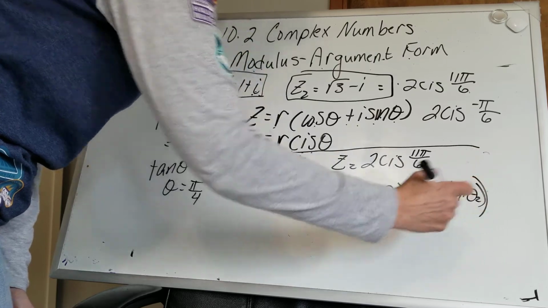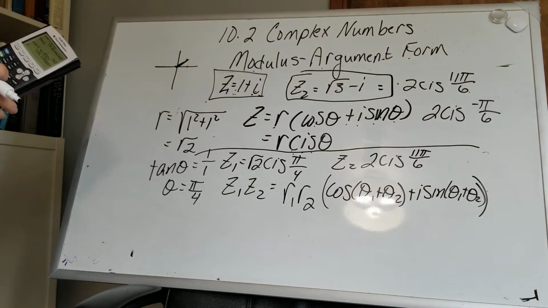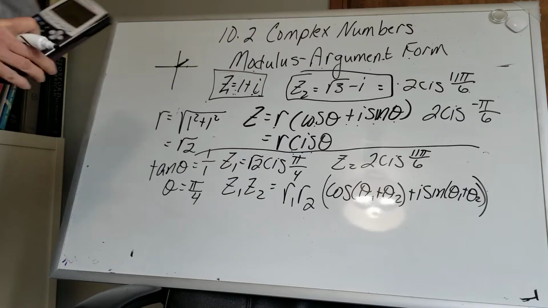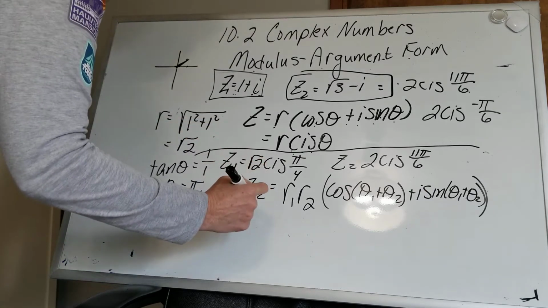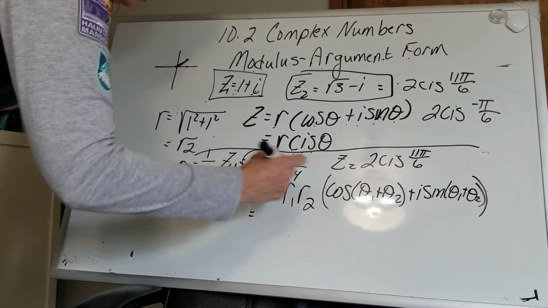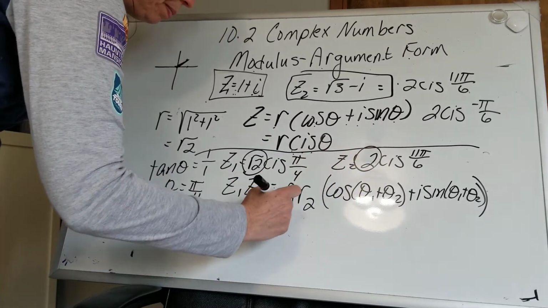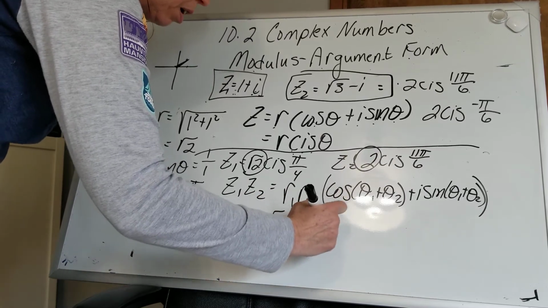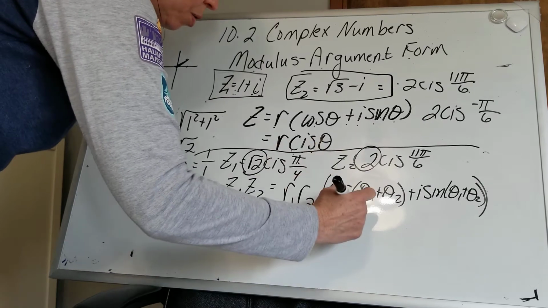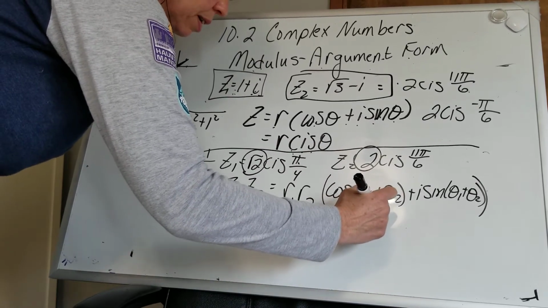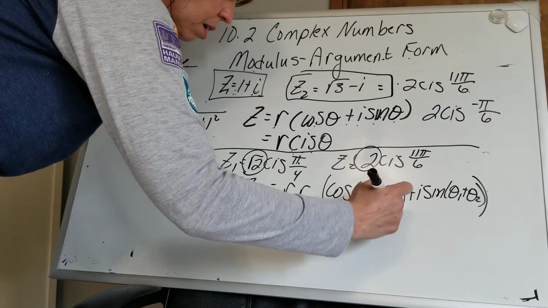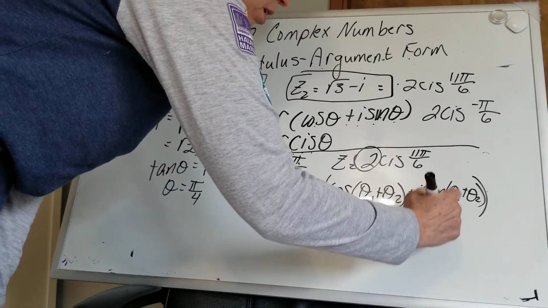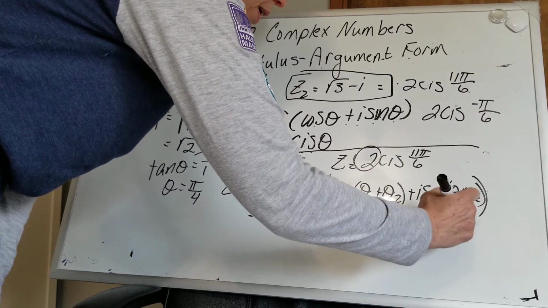And I'm going to do an algebraic proof of that on a separate video, just because it's kind of long. So in this case, we're going to go root 2 times 2. And then we're going to go cosine of pi fourths plus 11 pi over 6 plus i sine of pi fourths plus 11 pi over 6.